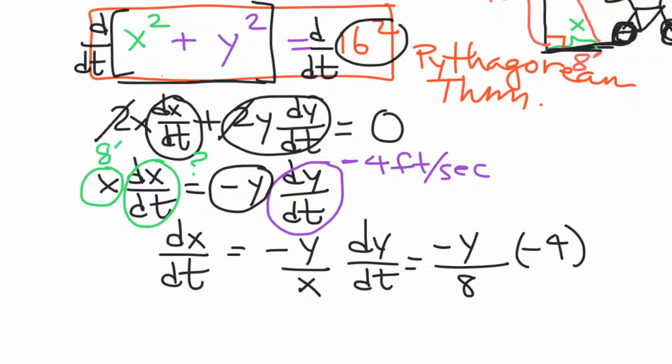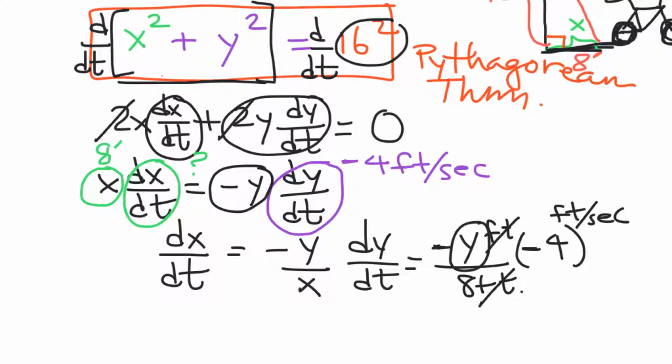Remember, this is feet per second, and this is feet, and y is actually going to be feet, so that these will cancel and our units will be feet per second. By the way, the two minuses will give us a plus, so dx/dt will be positive.